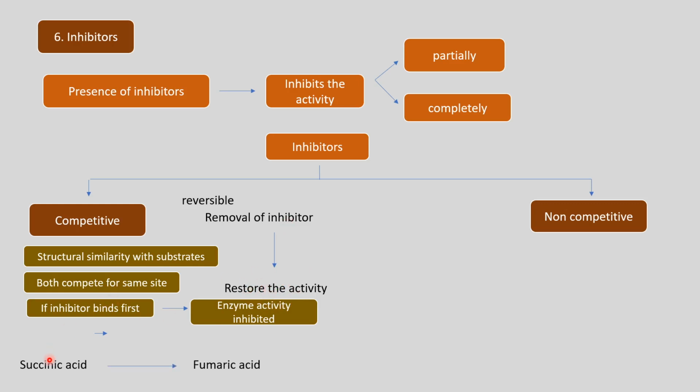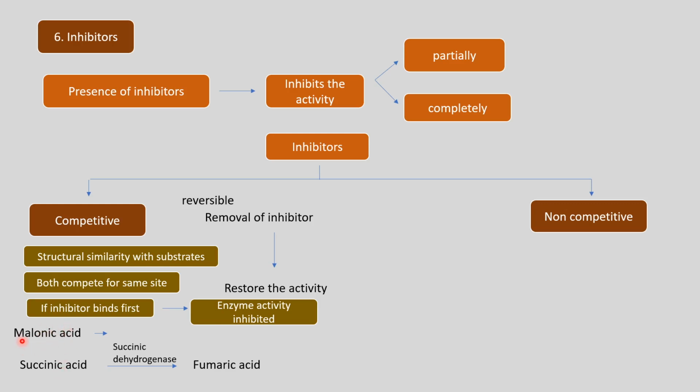An example that we can take is the conversion of succinic acid, which is the substrate, to the product, which is fumaric acid. This is done by the enzyme succinic dehydrogenase. So this is the enzyme, this is the substrate, right? But there is a substance called malonic acid. Malonic acid has a similar structure to succinic acid.